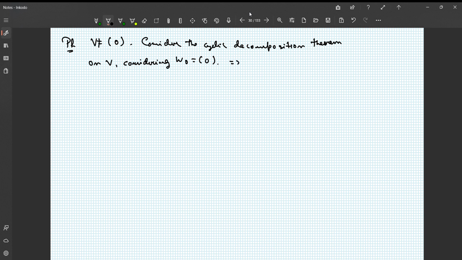So that implies, so we are abiding by the terms we had used in cyclic decomposition theorem, P, which is given to be the minimal polynomial for T, is exactly equal to P1. P1 was the T annihilator of alpha 1, if you remember. So P1 is exactly equal to P. This we had done in the previous corollary as well.